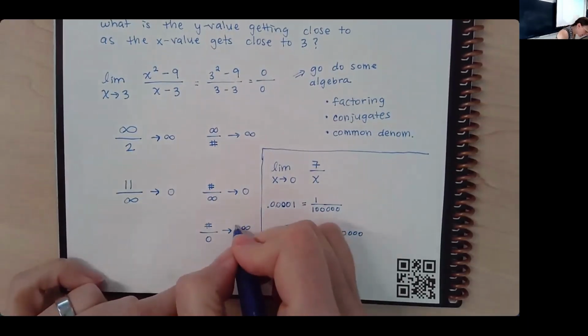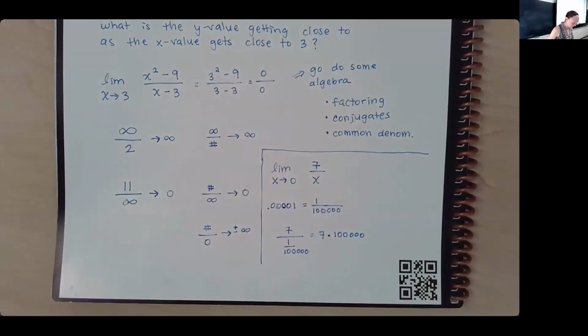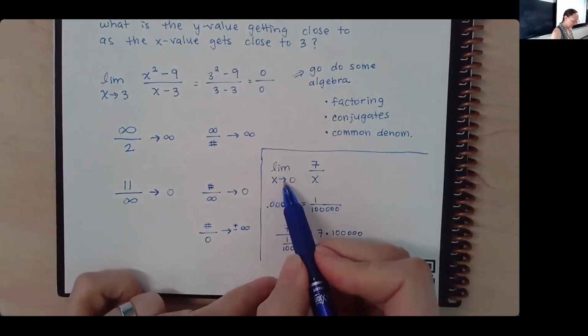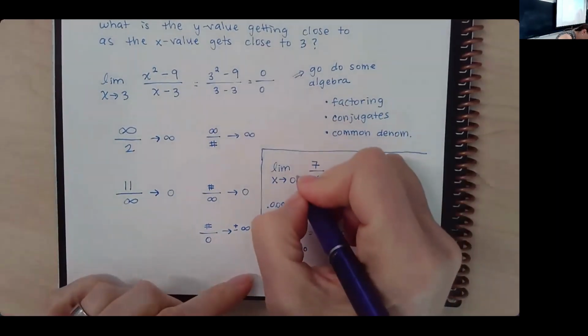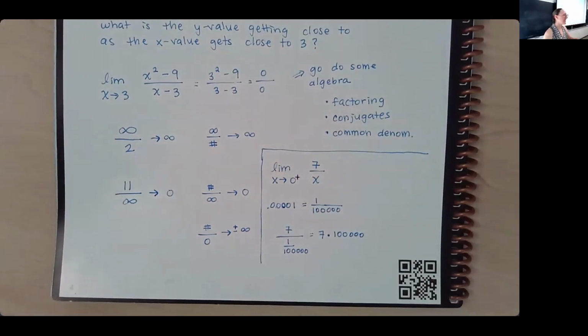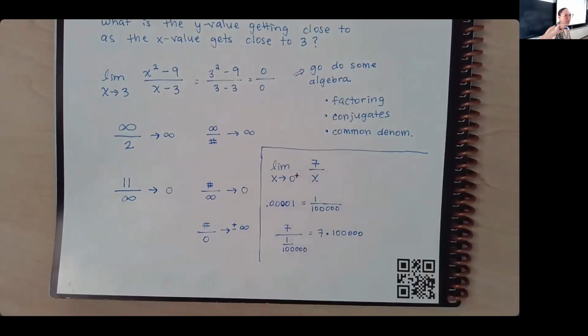So I'm just going to write this as a plus or minus in my rules bank over here. And then we're going to need to talk a little bit about notation. So if I had the limit as x approaches 0 and I put in a plus right here, then what that's telling me is I'm approaching 0, but I'm going to do it from a little bit more than 0. 0 plus a little bit.